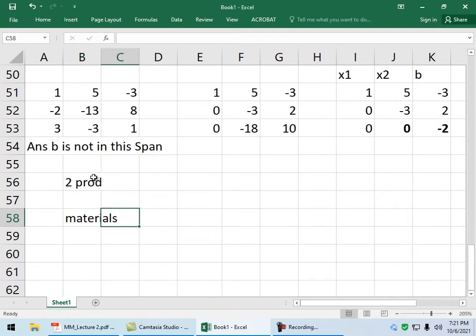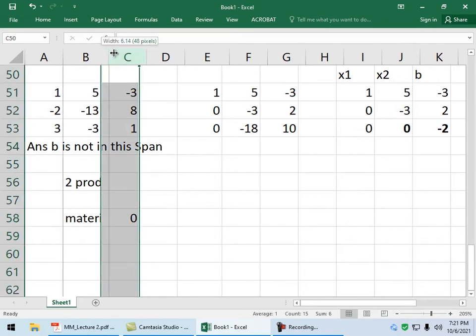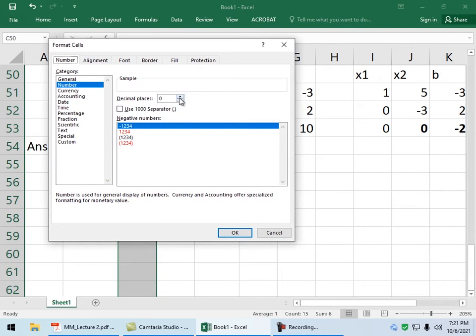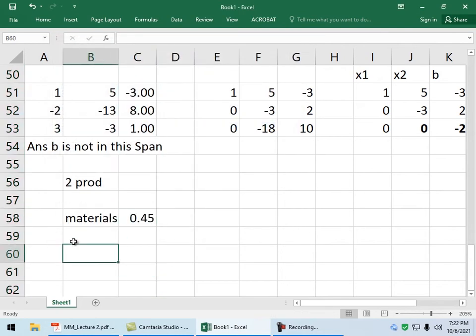0.45. Then there is labor, and the company spends 25 cents, and overhead it spends 15.